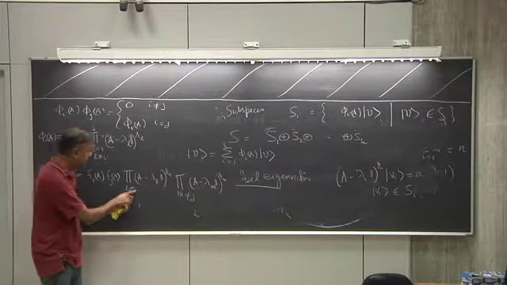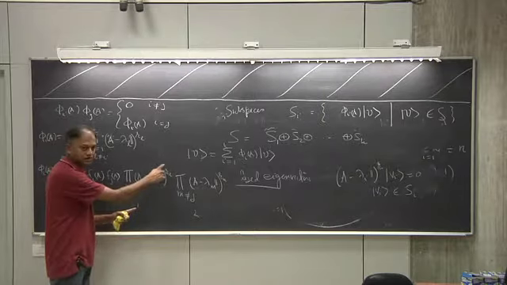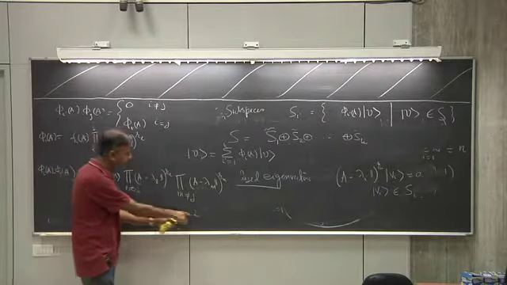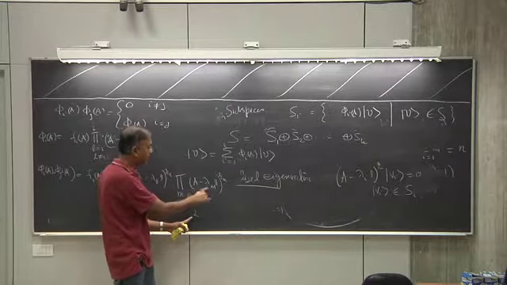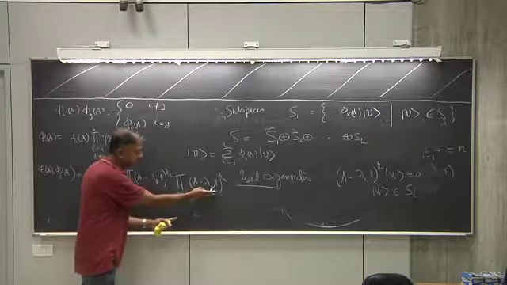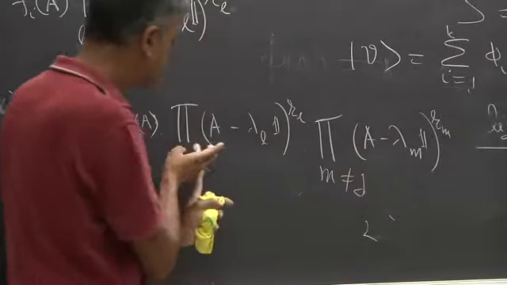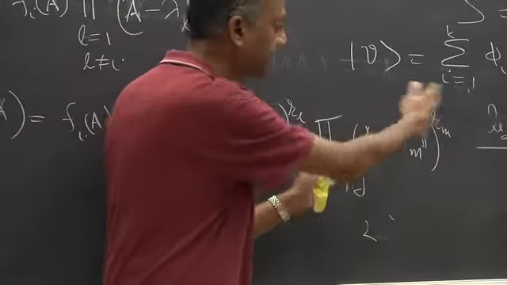Here everything appears except 1, so 2, 3, all the way up to k enters. Here everything is there except the 2, so you have 1, 3, 4, everything. So what is missing here? The m equal to 2 term is missing. But there is a 2 here. So I can put that together to complete it.